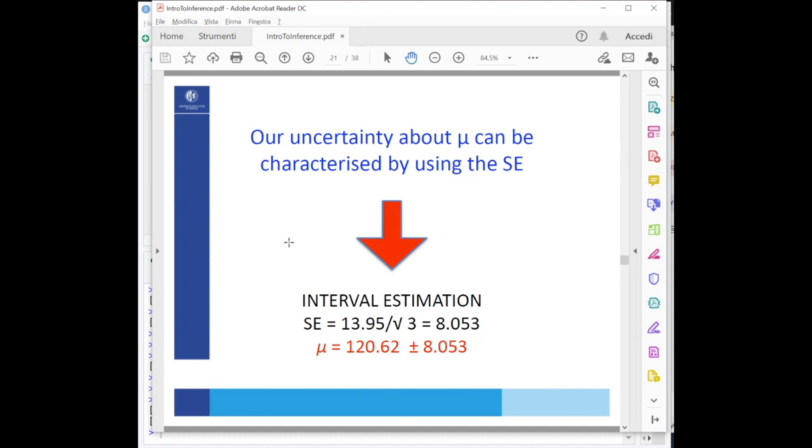And you see, if we had an infinite number of replicates, because we take the whole population, the standard error is 0, because we divide by infinity. So we have no uncertainty if we could take the whole population.